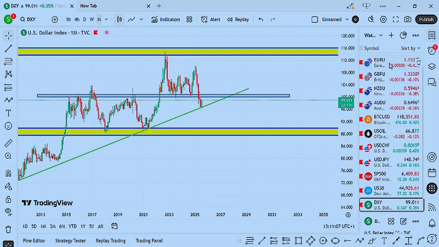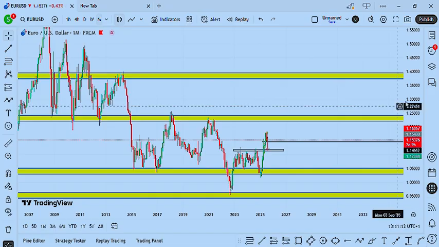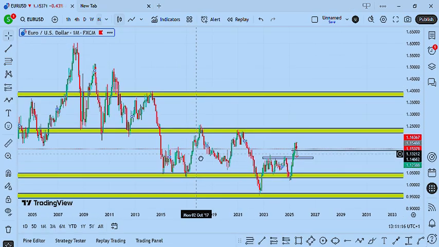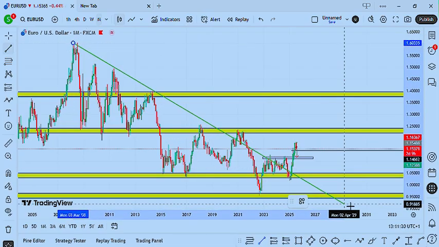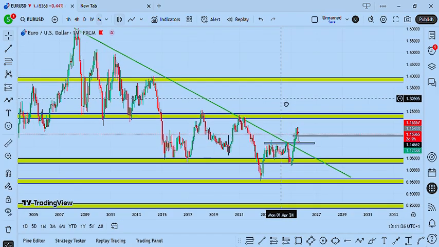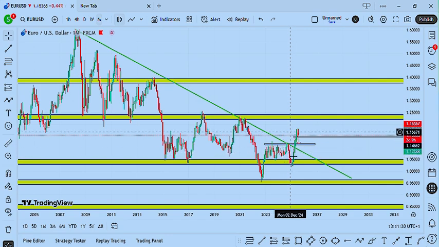Let's look at the Euro market. So the Euro market has made a bullish move after breaking out of this consolidation on this monthly time frame. This trend line is a breakout.